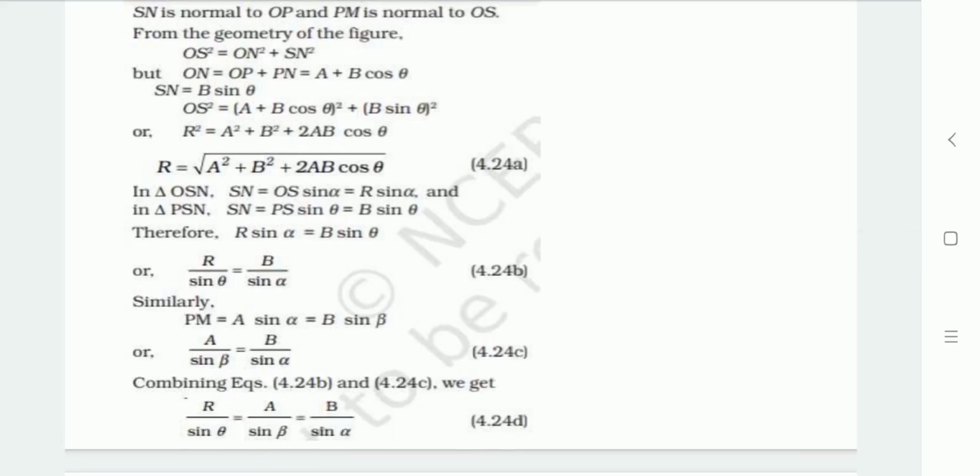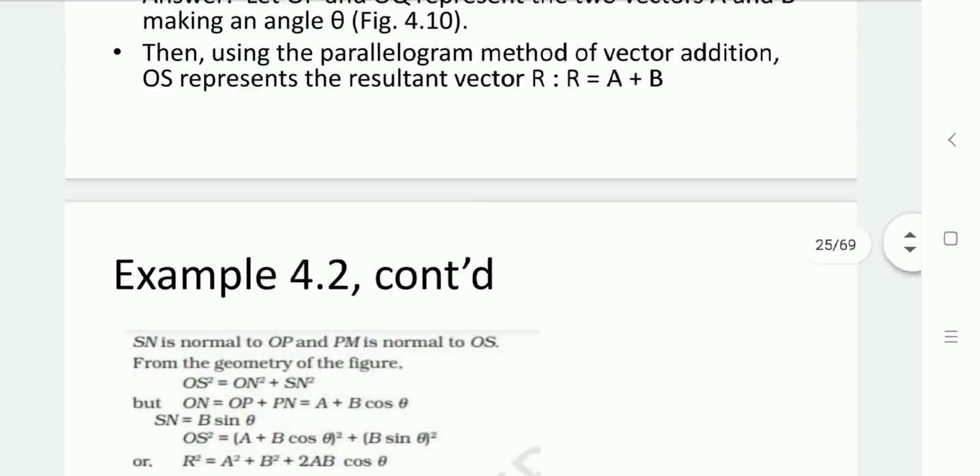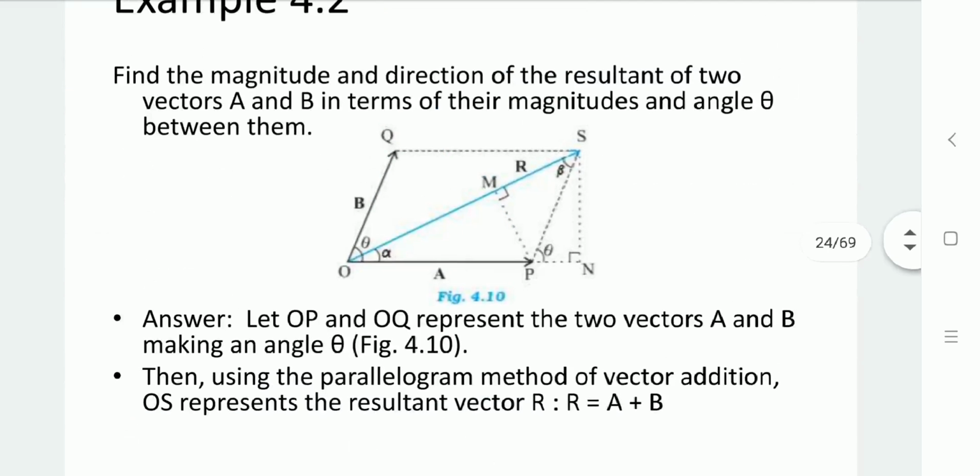Now we need to determine its direction, the angle. So for that, let us take 2 triangles OSN and PSN, as you can see over here. OSN is the larger triangle, and PSN is the smaller triangle defined with a dotted line.